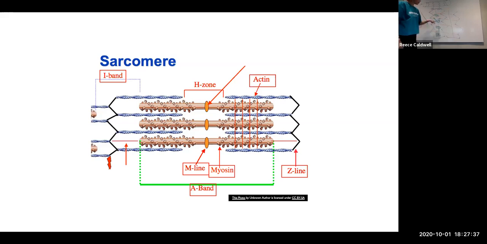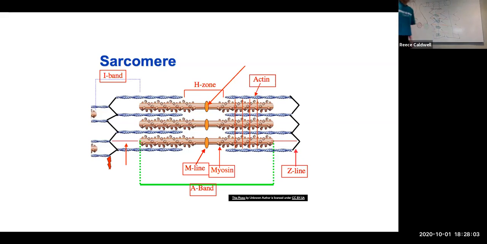So whenever we want to contract our muscle, those myosin filaments, the thick filaments, will attach to actin, the thin filament, and draw them into the M line. And that's why whenever you contract a muscle, it shortens. Whenever you relax it, those heads let go of the actin, and it lengthens, relaxes.